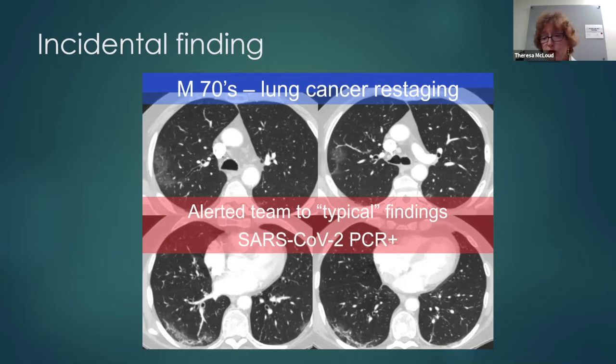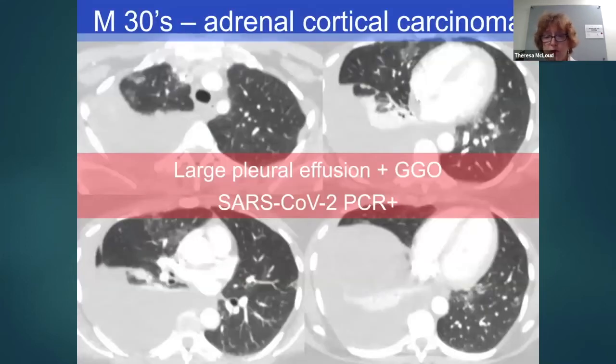And many of the patients with cancer, if the cancer is very active, will just have to be hospitalized, at least as a precaution if they're shown to have COVID disease. And here is a very advanced case of a patient with adrenal cortical carcinoma with typical ground glass opacities, but also had a very large right pleural effusion, all related to COVID infection.